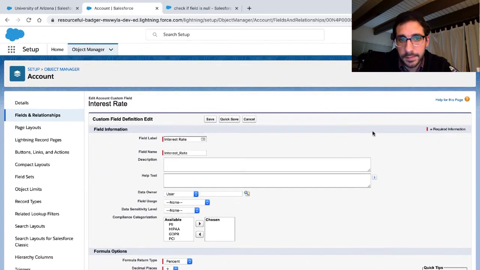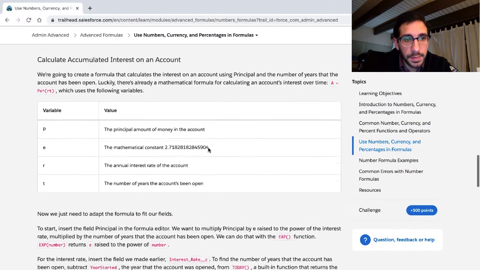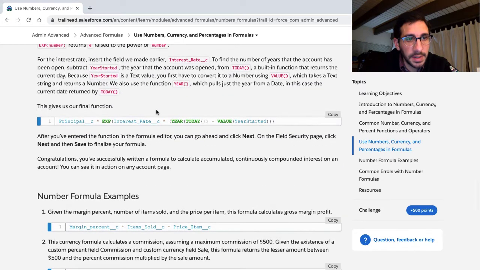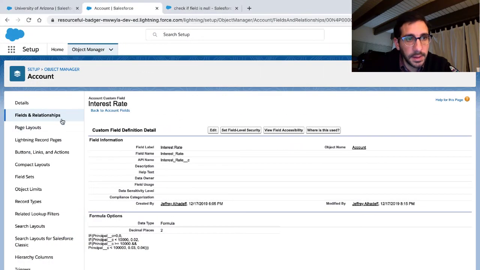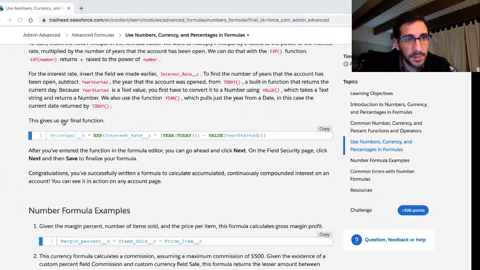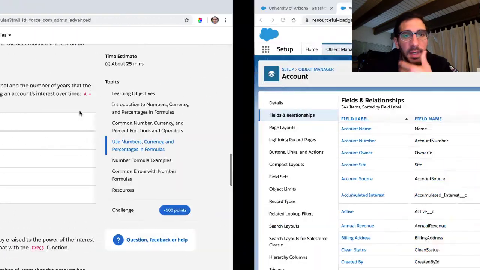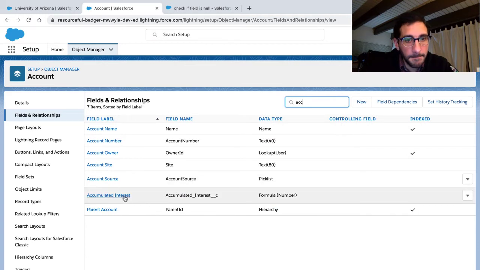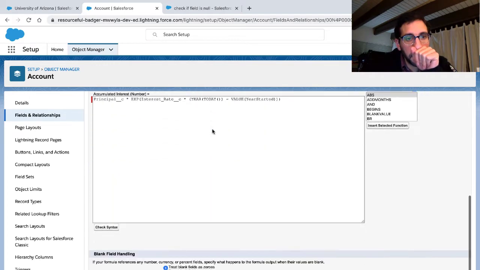Okay. Number of formula examples. Oh, I never actually put this in here. So this would be on our fields and relationships. This was the field that I created. What would I call that? Accumulated interest. Oh, here it is.